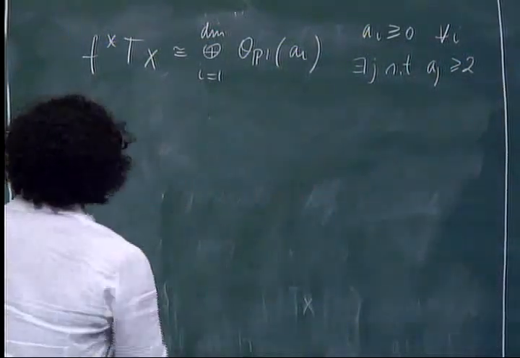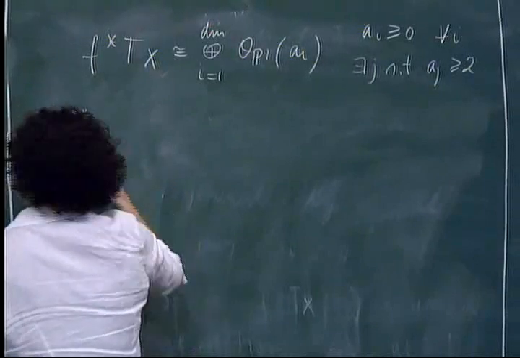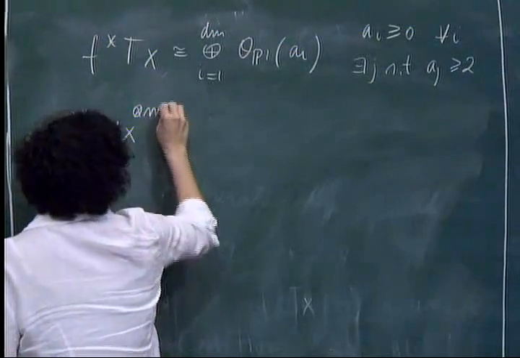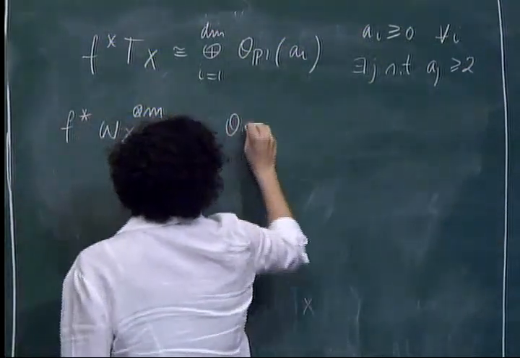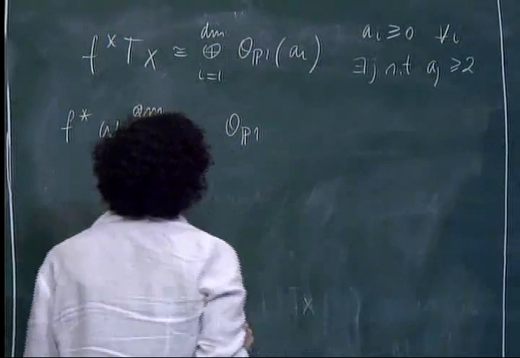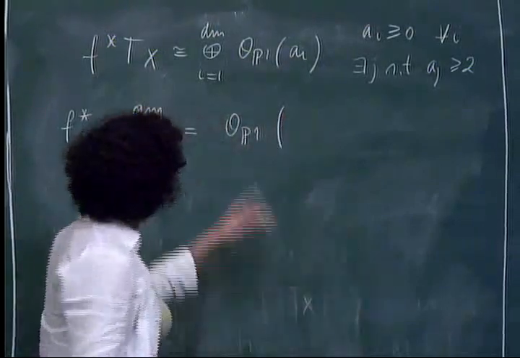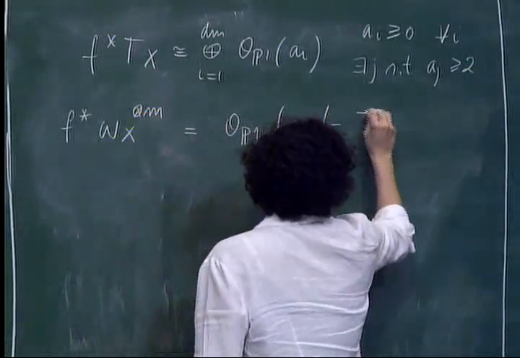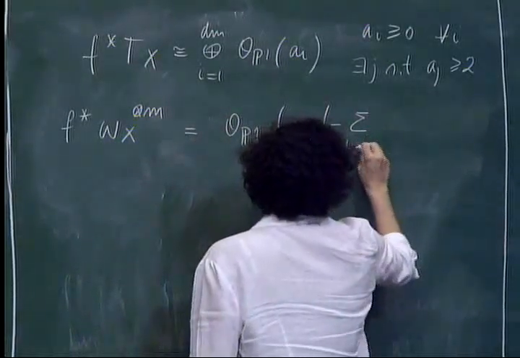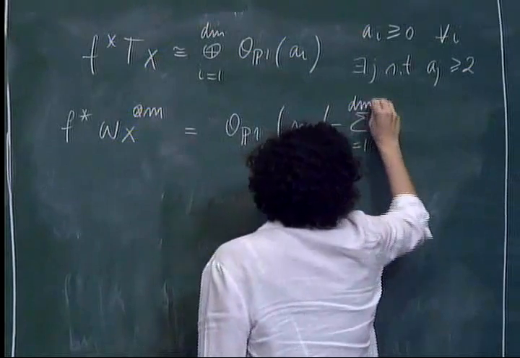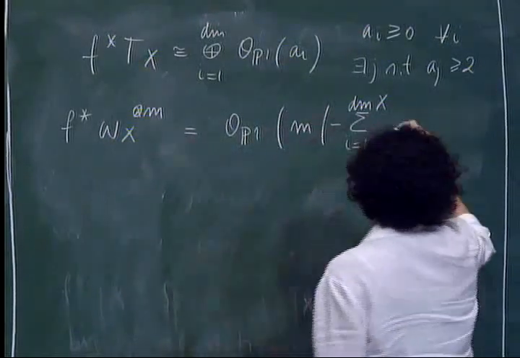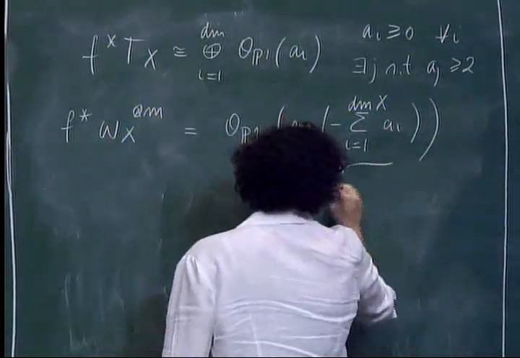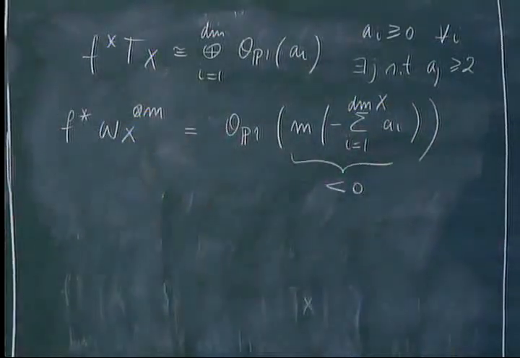And now if I compute the pullback of omega_X to the power m, this will be O_P1 of minus m times the sum of the a_i. And this is strictly negative.